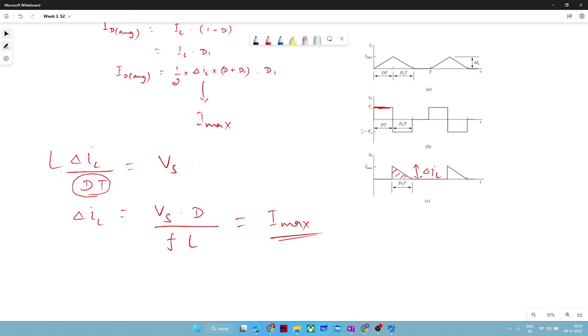Now we need to equate, since ID average is also I naught average, all the value of current flowing across the diode will be same across the load. So after equating it, I naught is nothing but your V naught by R. And del IL we computed in terms of Vs, T Vs by FL.